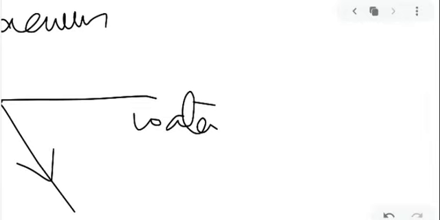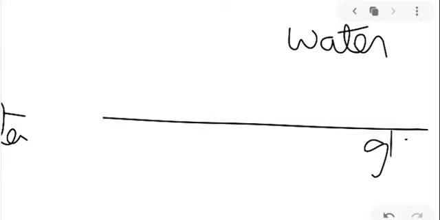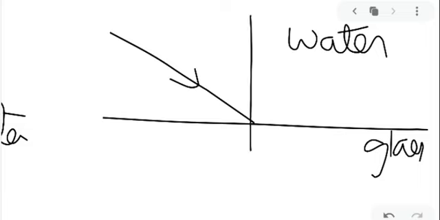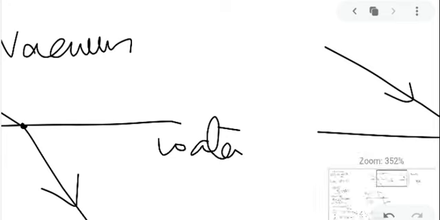Again, coming to another case, when light goes from water to glass, let me draw a normal here as well.